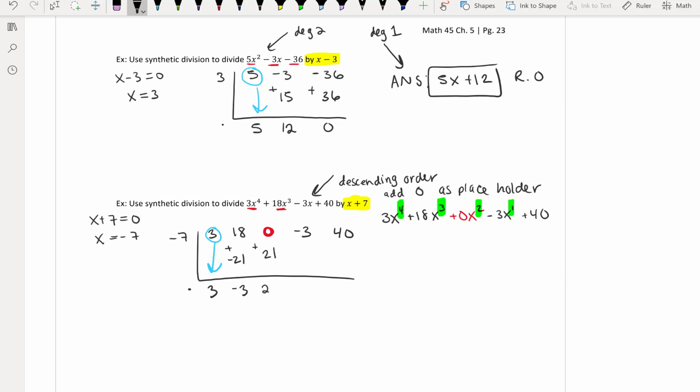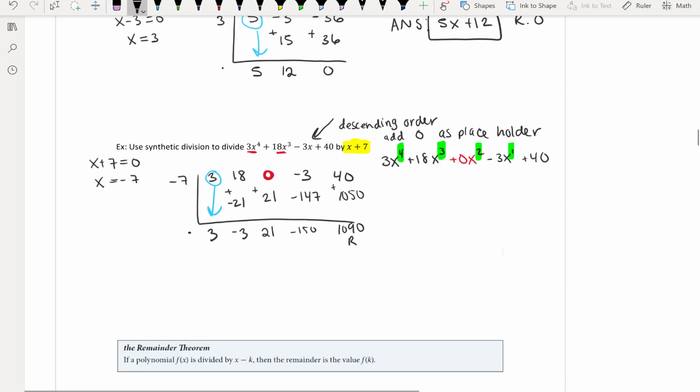Add that to 0, it's 21. 21 times my negative 7 is going to give me a negative 147. And I'm adding negative 3 to it, which is a negative 150. Times that by my negative 7, and that's going to be 1050, and I'm adding 40 to it. So 1090 is going to be my remainder.